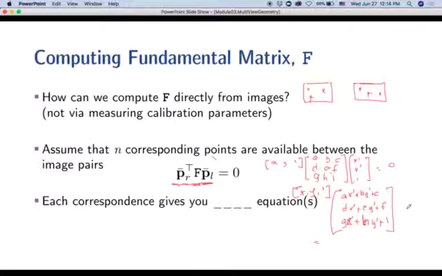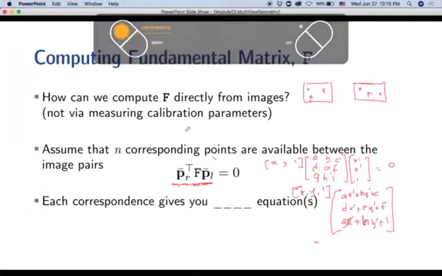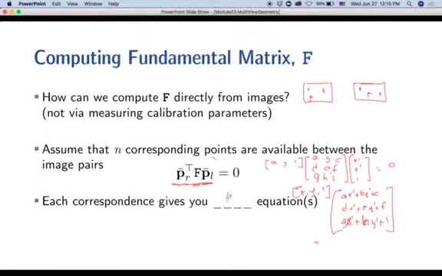But here we get only one equation, which means one direction is locked, the second one is not. There's a linear constraint, which means you get a line, a point-to-line mapping. So every correspondence point gives me one equation.